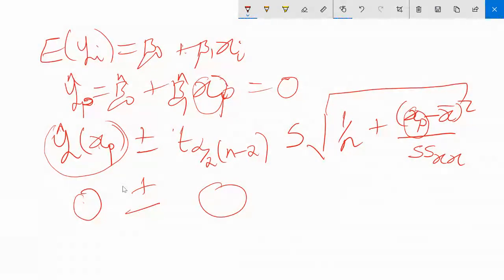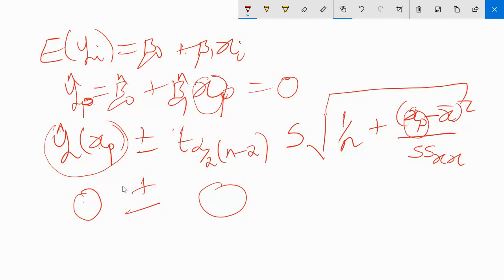Is the y bar also going to have a p at the bottom? Which y bar? Remember, we are not dealing with y bar here. This is y hat at xp.